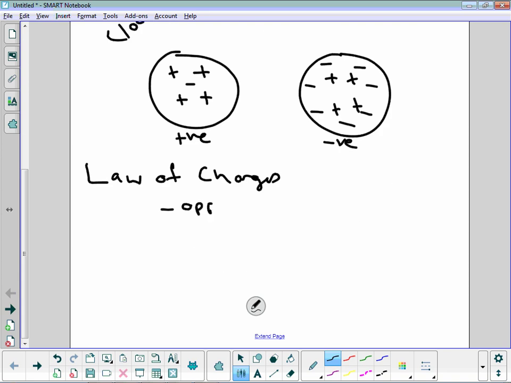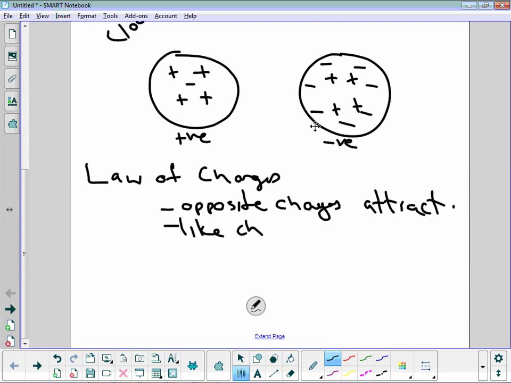Opposite charges attract, and like charges repel. Two L's, repel? We'll just go with one? Okay, thanks. Repel. That's why I need a sidekick right here to help me out. Like charges repel. Okay.